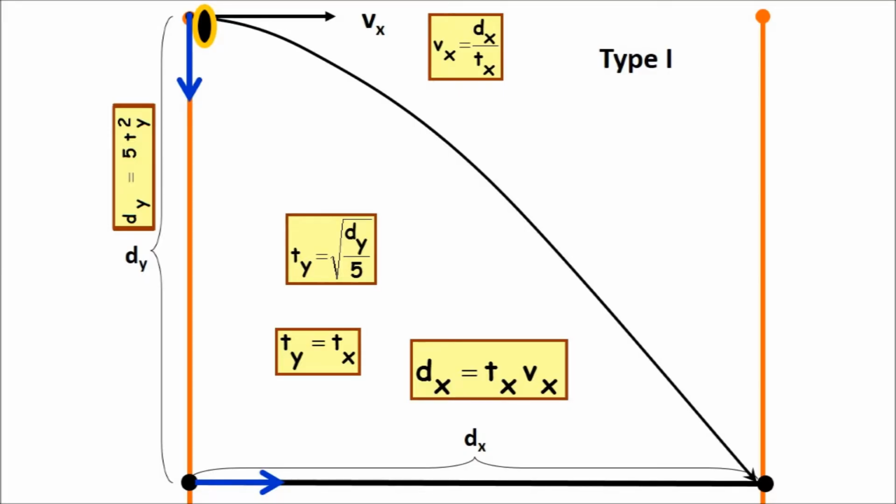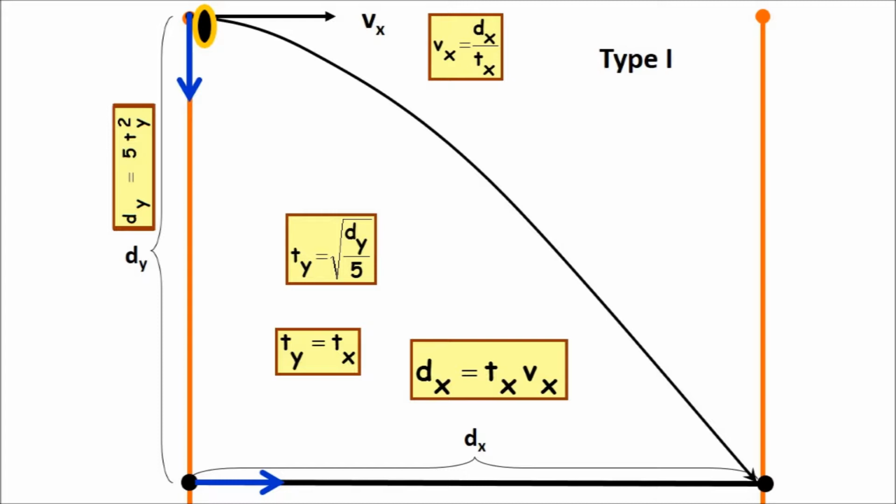This slide shows what happens with type 1 projectile motion, and that is the object is fired horizontally, creating Vx. It has a certain initial velocity in the horizontal motion. It falls a height dy in a certain number of seconds, going across the slide.